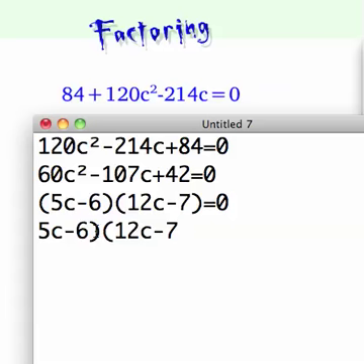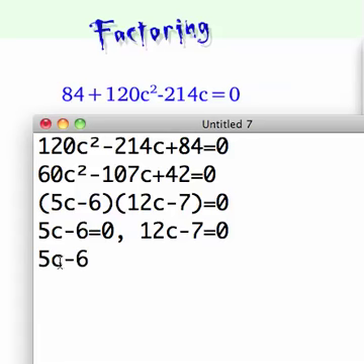I'm just going to rewrite each of these being equal to 0, and then I'm just going to solve for C in each case. So if I add 6 to both sides, 5C is equal to 6, and if I divide both sides by 5, I get C is equal to 6 over 5, which is 1 and 1/5.